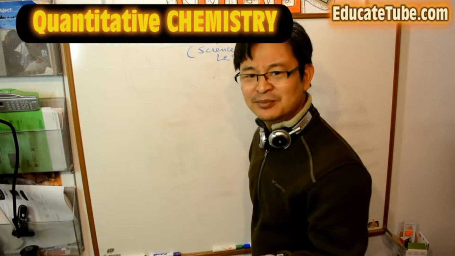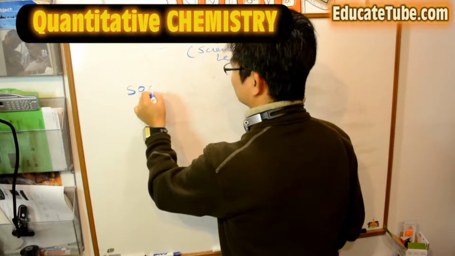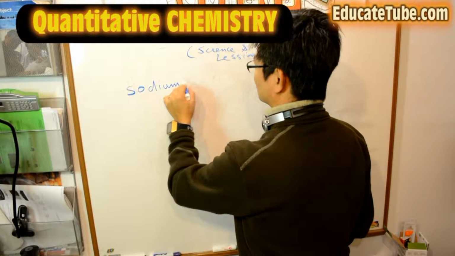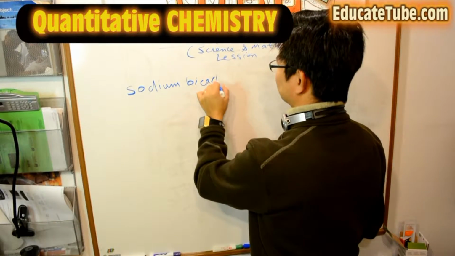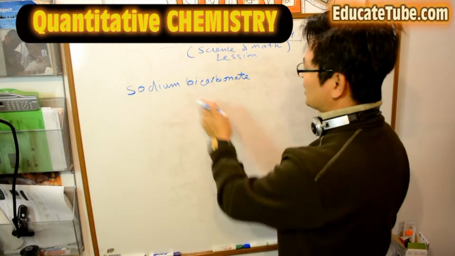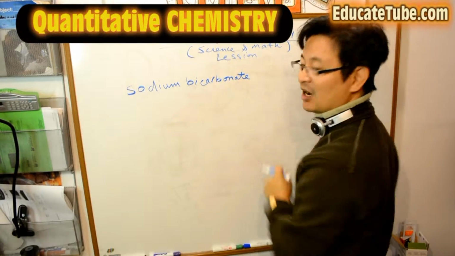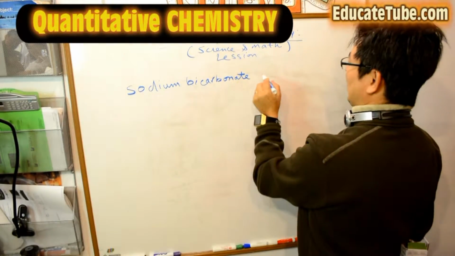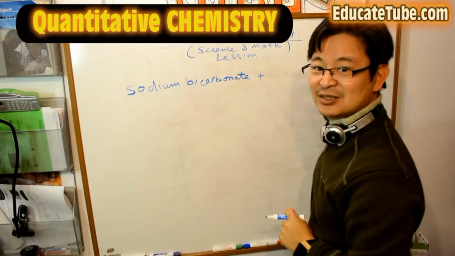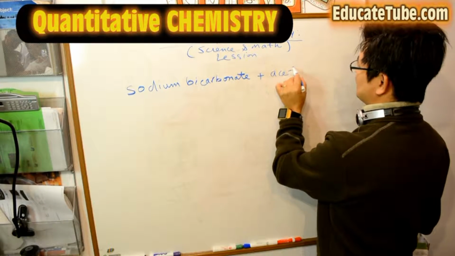You have baking soda, which is sodium bicarbonate, or sometimes known as sodium hydrogen carbonate, but we're just going to leave it the common name for now. And it's going to be added to vinegar, in this case called 5% acetic acid.